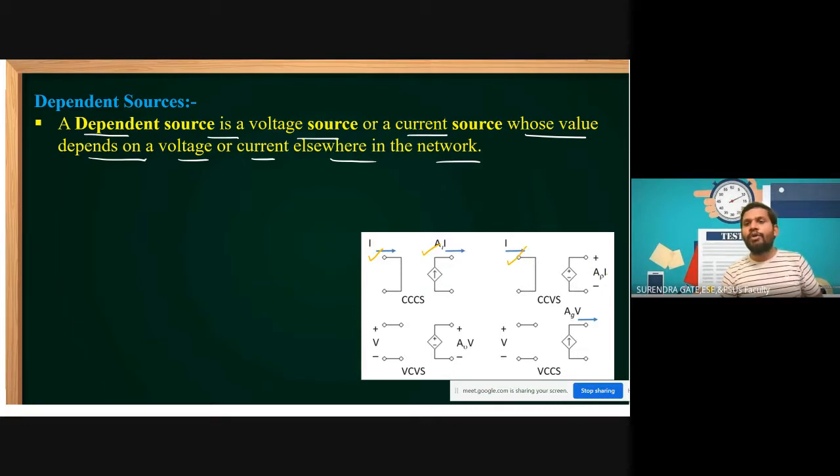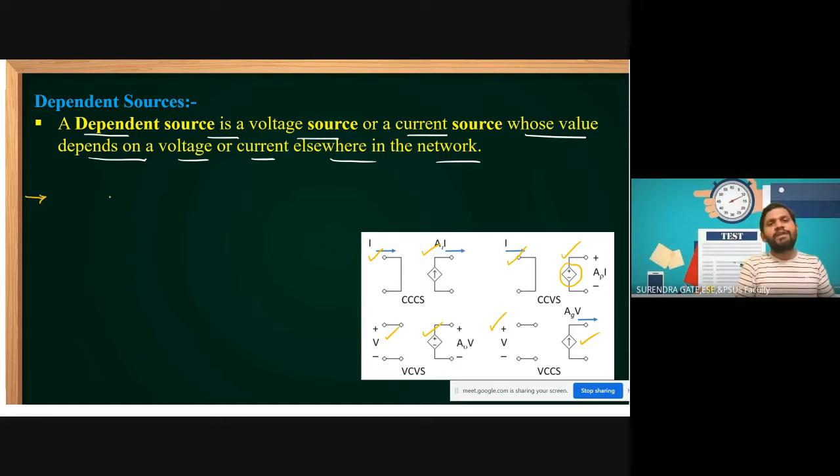This is a voltage controlled voltage source. Okay, this is one way to represent the dependent sources.